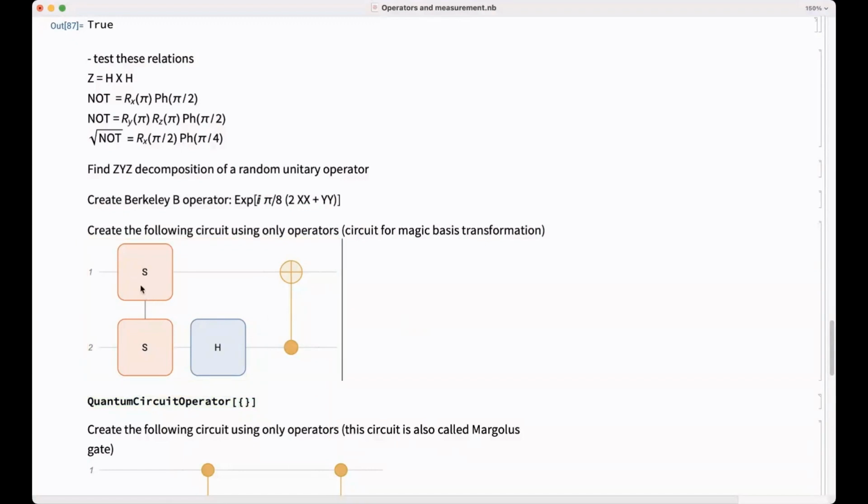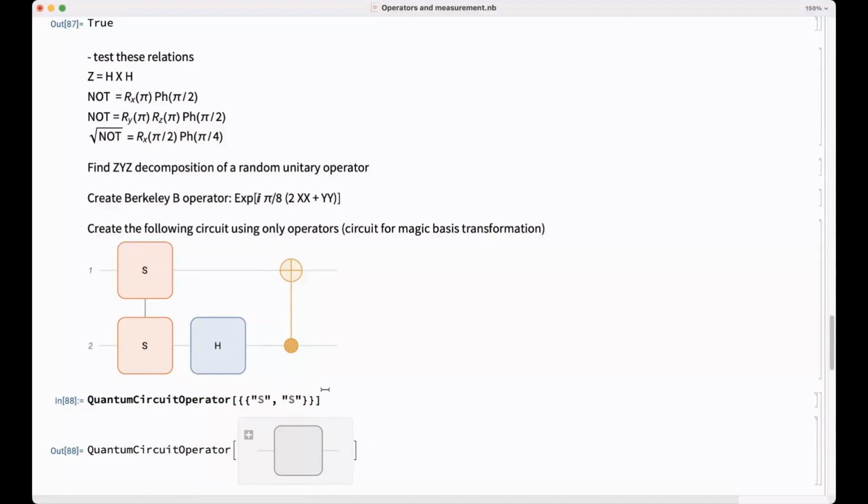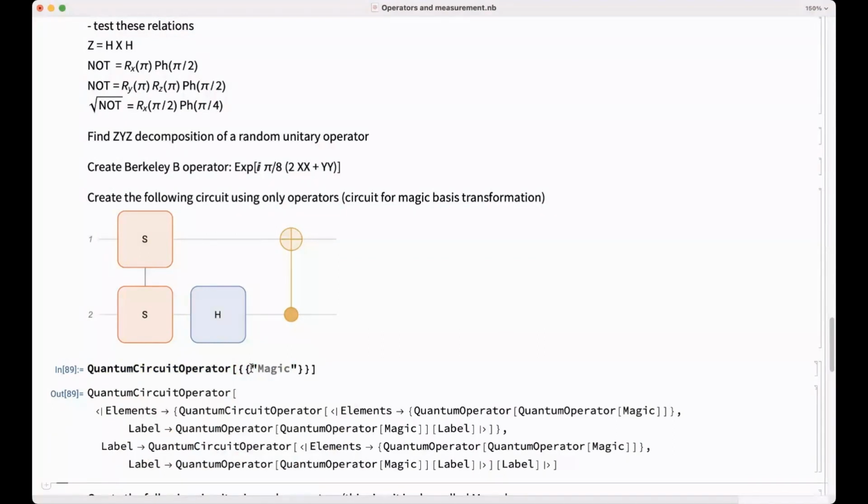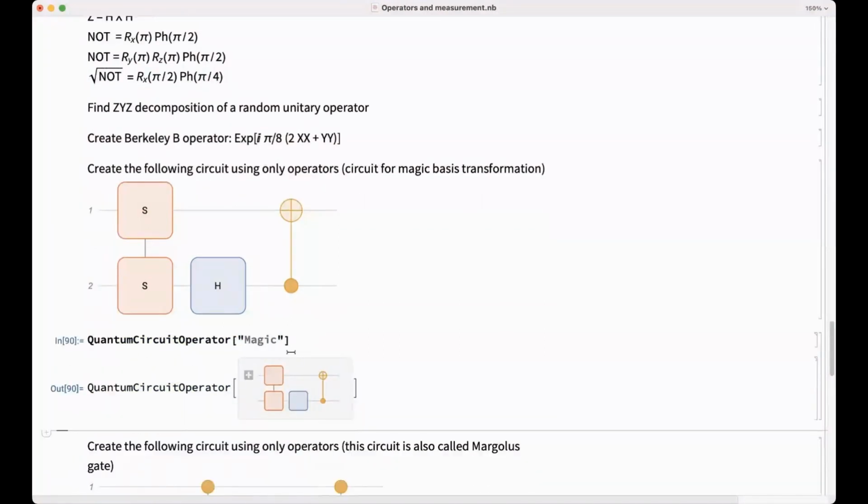I think this notation is confusing. It's a connection of S. This is the magic gate, so you can just ask for the magic gate. Let's see the magic gate as a circuit.